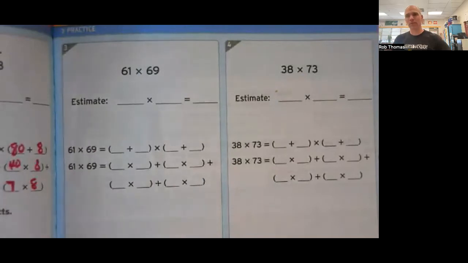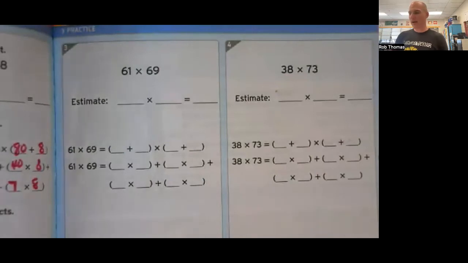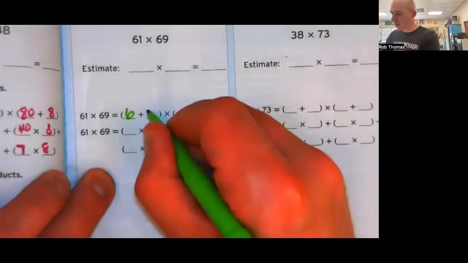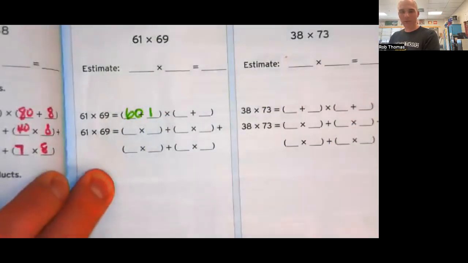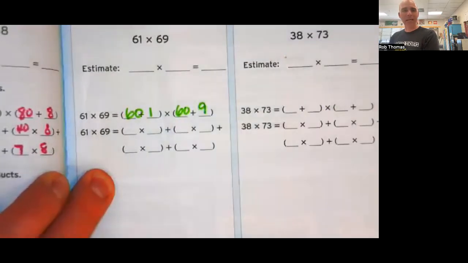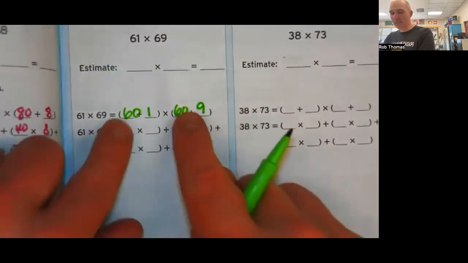All right, so hopefully it was paused there. We're just coming back from a pause now. And I'm going to go through these a little bit more quickly because hopefully you've already done these. We're just checking work now. So I'm splitting 61 into 60 plus 1, and I'm splitting 69 into 60 plus 9. And now I'm doing my first, which is 60 and 60.